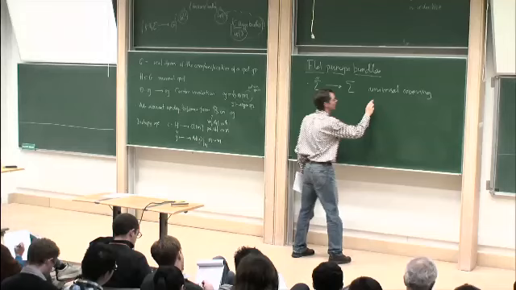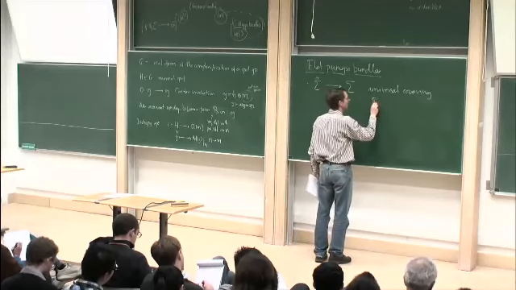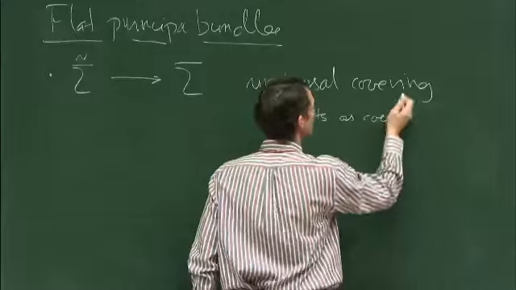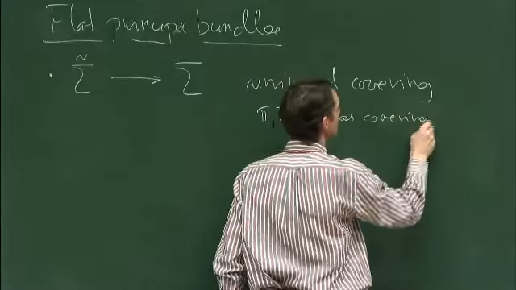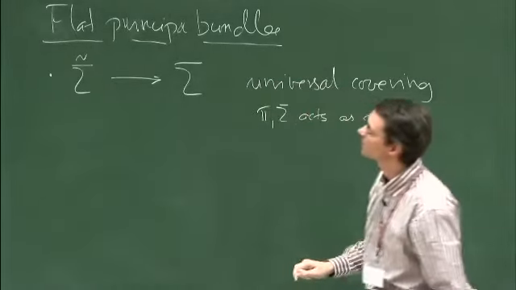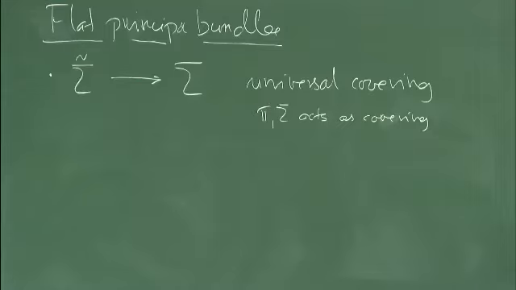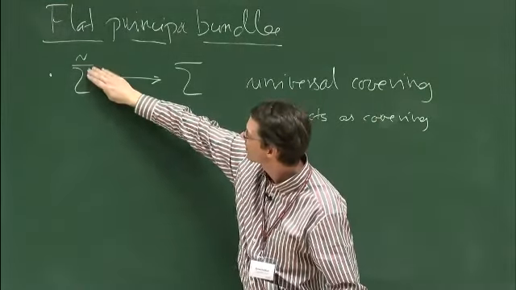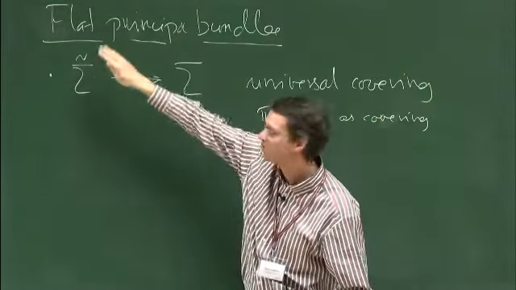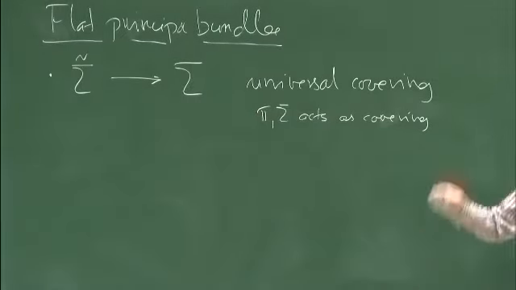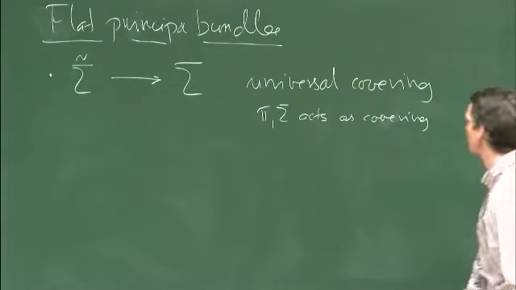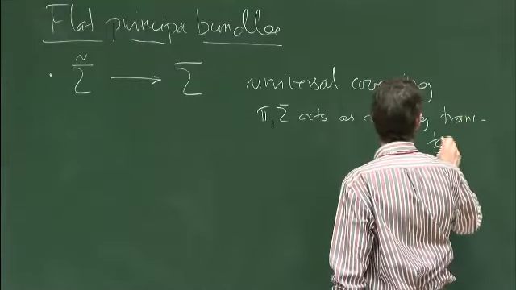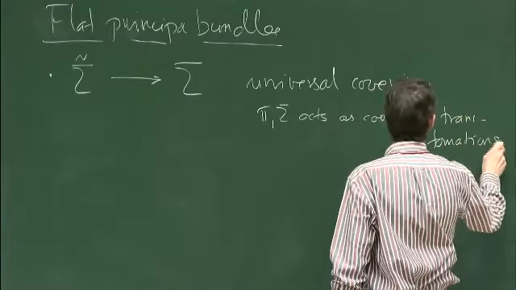I have the fundamental group here acting as covering transformations, and it's simply connected. At some point at least we'll start assuming that g is at least 2. So unless sigma is actually a sphere, this is just a contractible space.